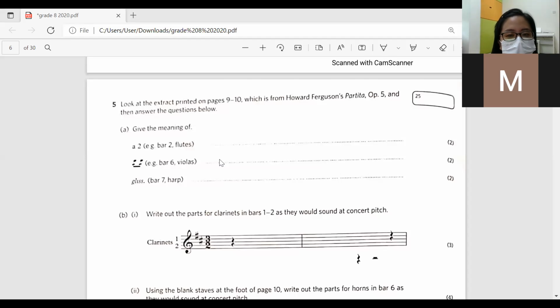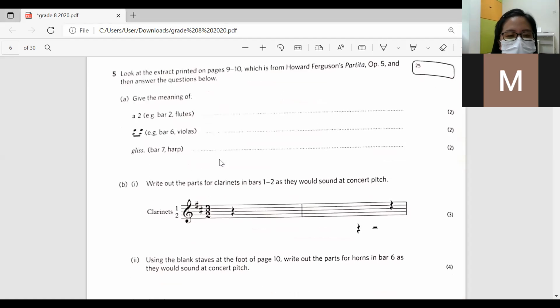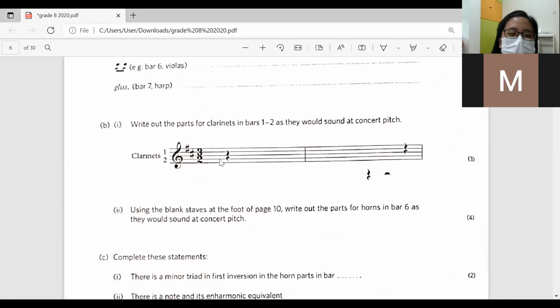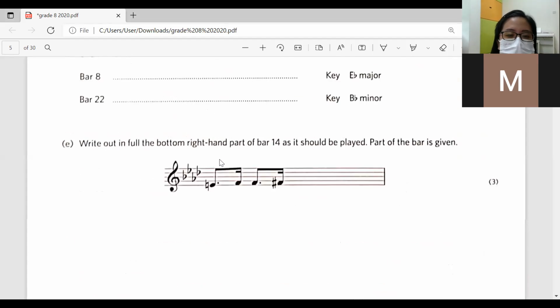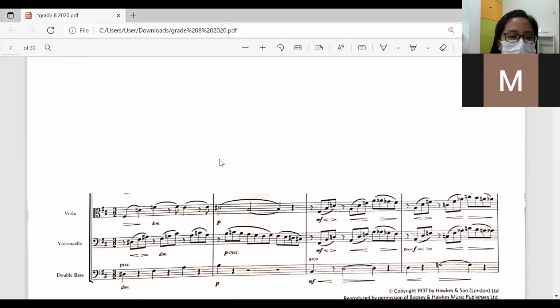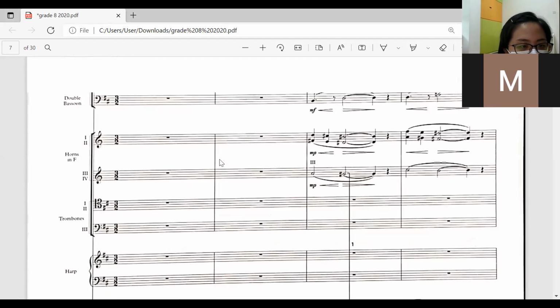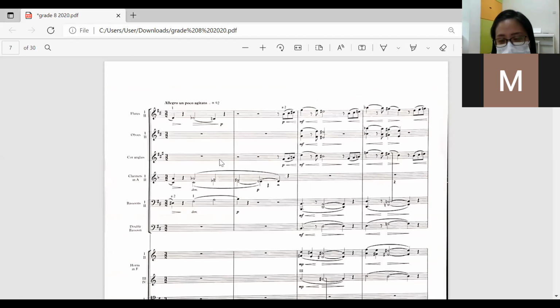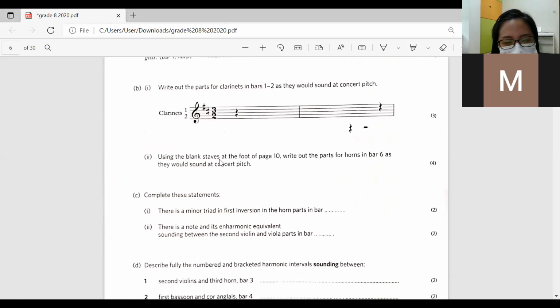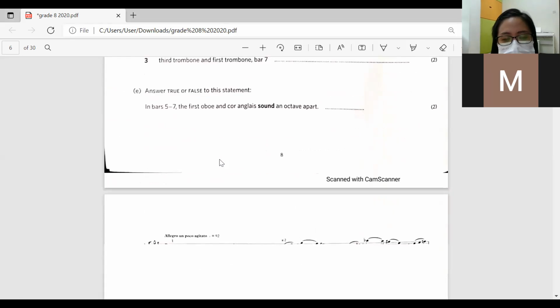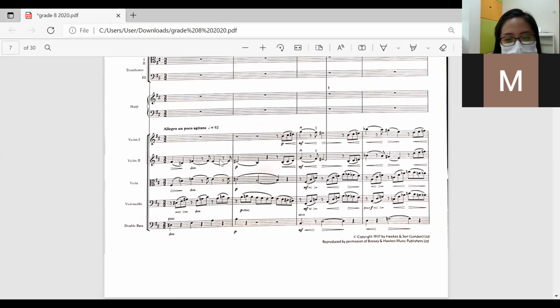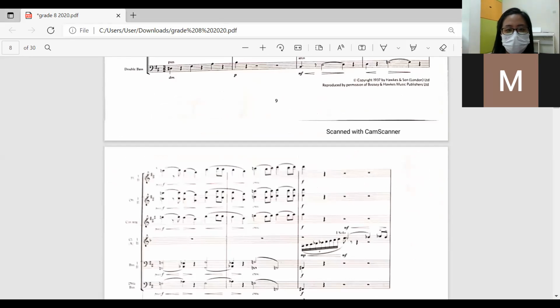There are still a lot of these, like what is this A2? For example, look at the clarinet. It asks you, can you write out the parts of a clarinet in bar 1 and bar 2 that will sound at concert pitch? The clarinet is about transposing. I'll go through it with you next week, I think there's too much to cover this way. So let's do it together next week, don't do it first, otherwise you'll all get it wrong. So there's no homework this week, just write out the chart nicely.